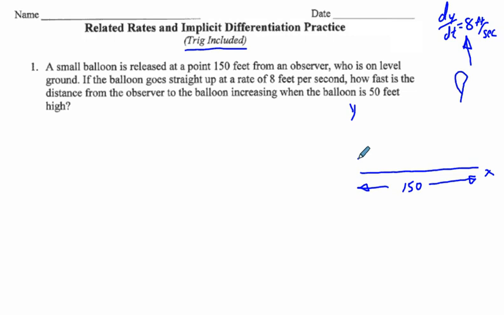So here's our observer right over here, observing this balloon right up here. There's the line of sight. We're going to call this value Z. Okay, this is Z.